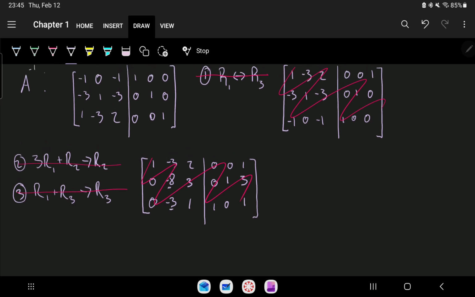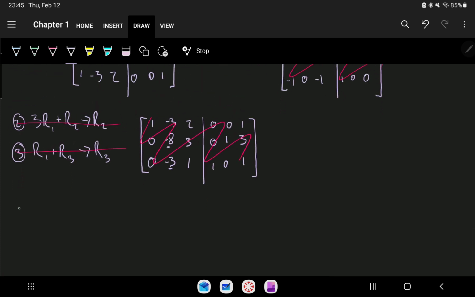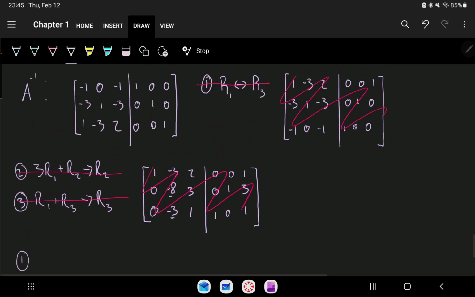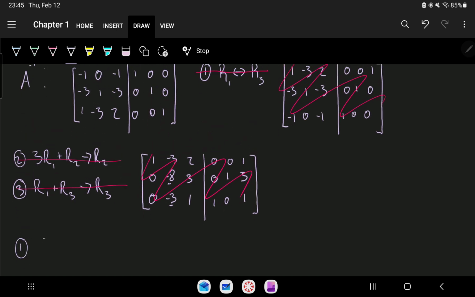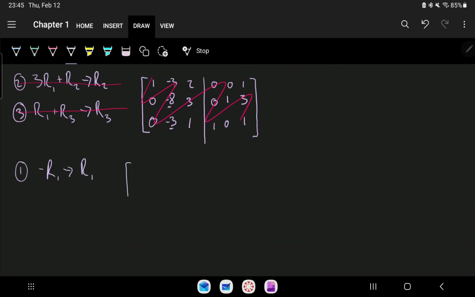I'm doing that because as I actually look at the original first row, the only thing I need to do is just flip the sign, right? So I'm going to go ahead and do that. Embracing my mistakes here. I'm going to say our first step is negative row 1. It's going to become our new row 1. And that should make things a little bit cleaner.